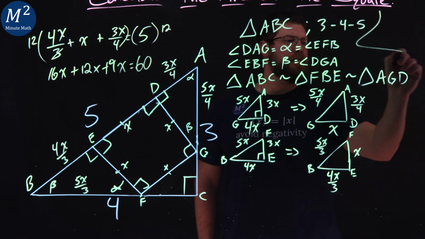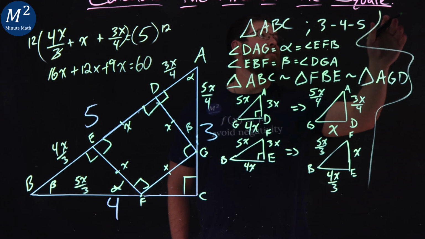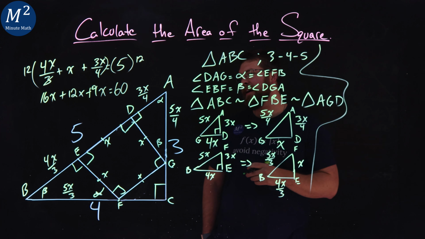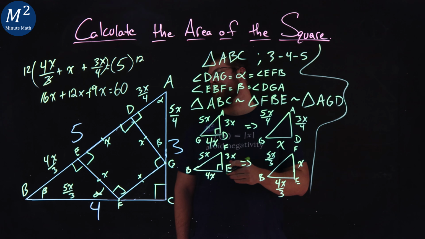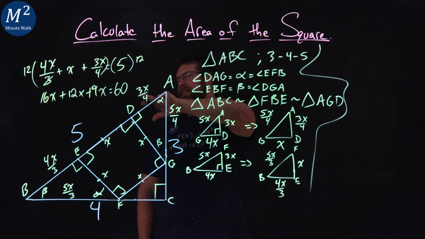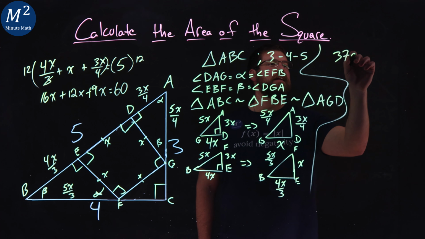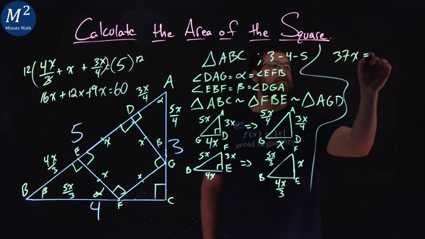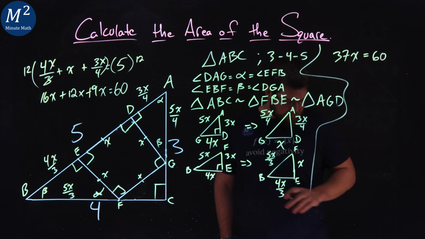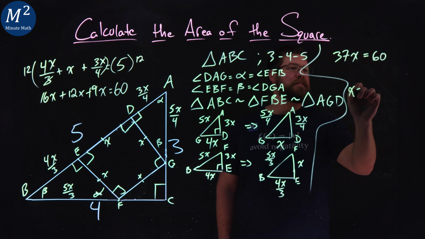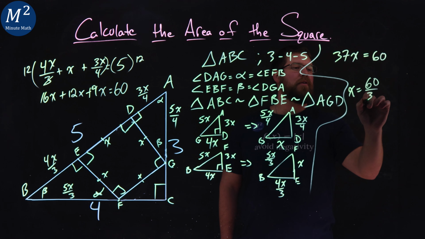Combining like terms, 16x plus 12x plus 9x gives me a 37x. So we have 37x is equal to 60. From there, we divide both sides by 37, and x equals 60 over 37.